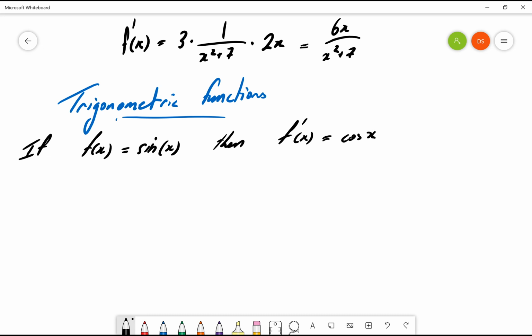The first one we've got is if f of x is equal to sine x, the derivative is cosine of x. And that's very cool. Now, we've spent a lot of time with trigonometry, and the relationship between their derivatives is insane.